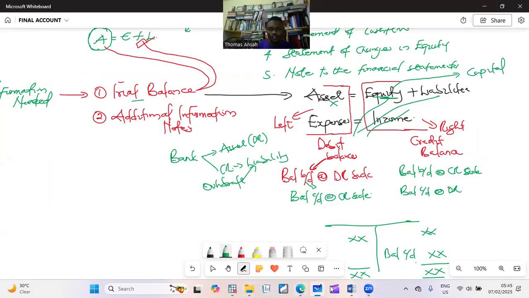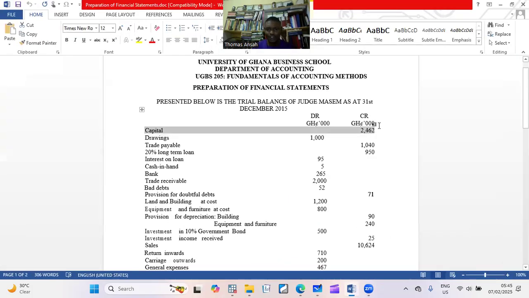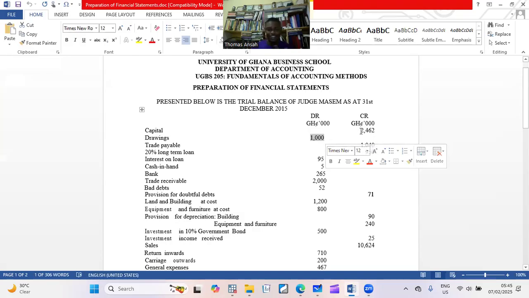So take note of that. Where do you see it? Isn't it at the credit side? Drawings is at the debit side, meaning that the drawings is against the capital, or it is an expenditure, something that you are going to reduce your profit with. All right. So that is that.